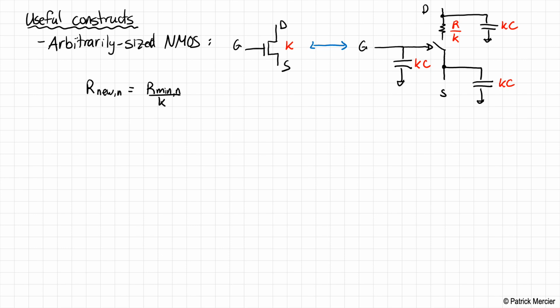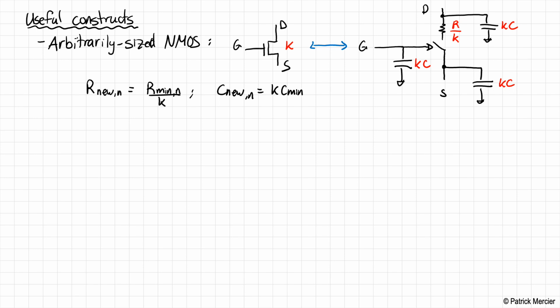Okay, so likewise for capacitance, C new, N is equal to K times C min. So if a minimum size transistor has a capacitance C min, then a K size transistor will have a new capacitance of K times C min.